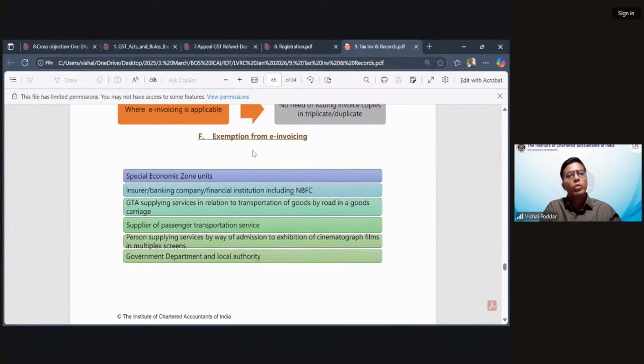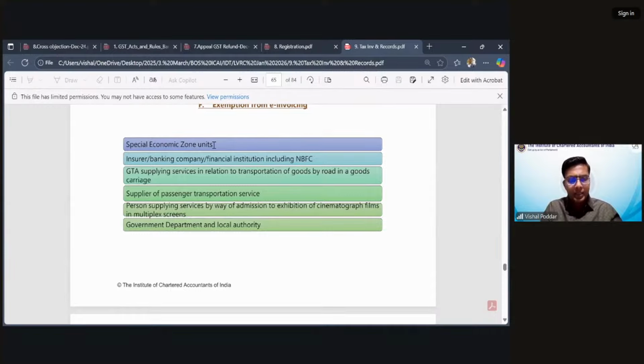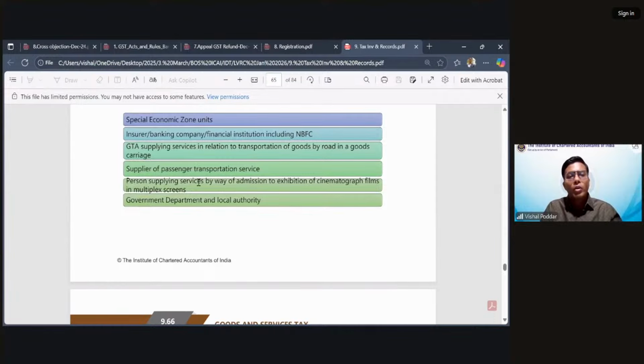Now, who are excluded from this e-invoicing requirement? So even though your turnover is exceeding 5 crores, you will not be required to generate e-invoice if you are an SEZ, if you are an insurance or a banking or a financial institution, or if you are a GTA supplying services in relation to transport of goods by road, you are a supplier of passenger transport service, or you are a person supplying service by way of admission to exhibition, that is, in simple words, you are a cinema theater, or you are a governmental department or local authority.